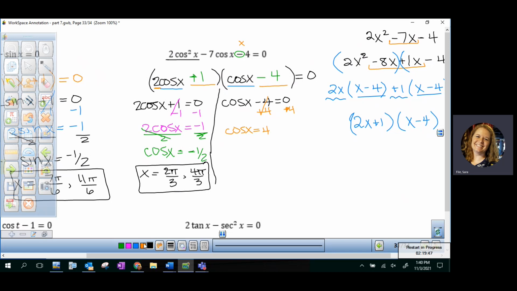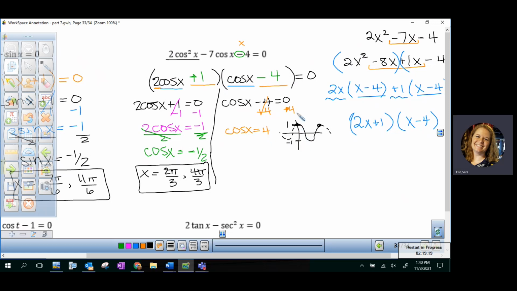Okay, so when we say it's not in the range, cosine will never equal 4. If you remember graphing cosine and sine, the wave, it just made this shape over and over and over again, right? The highest it went was 1, and the lowest is negative 1. That's the range of outputs that cosine of x can equal.